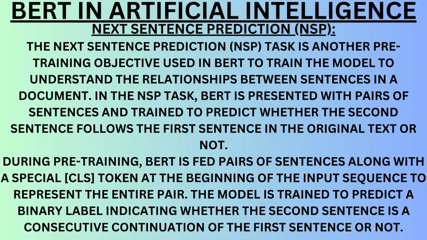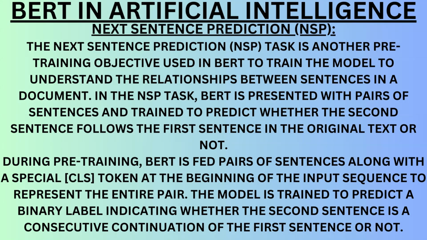During pre-training, BERT is fed pairs of sentences along with a special CLS token at the beginning of the input sequence to represent the entire pair. The model is trained to predict a binary label indicating whether the second sentence is a consecutive continuation of the first sentence or not.